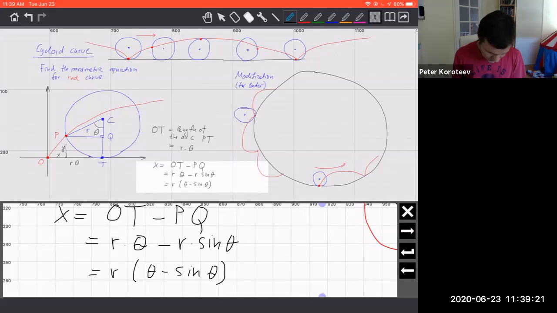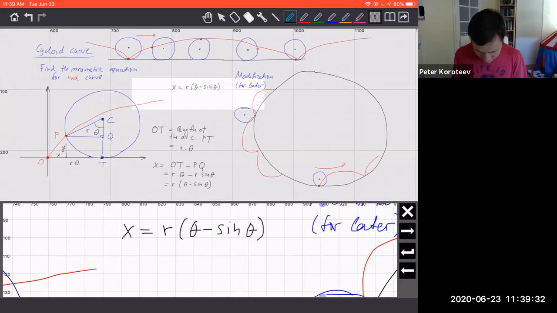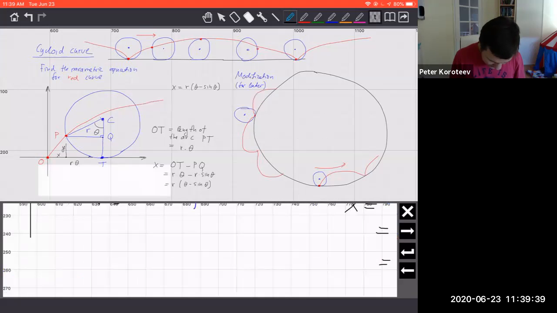And now let's find y. We just copy it here, so x is equal to R times theta minus sine theta. So see, not so often we have an angle and the trigonometric function of that angle independently in the same formula, but here this is the case. And y here will be CT minus CQ.